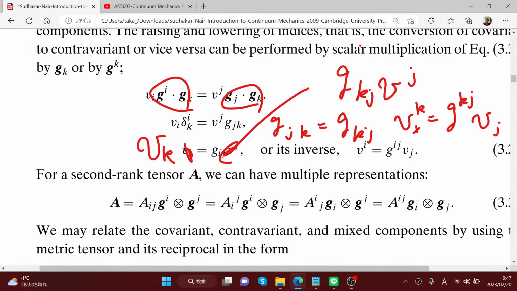Okay. For second rank tensor A, we can have multiple representations.